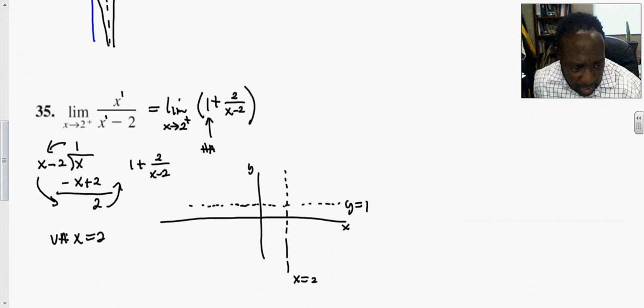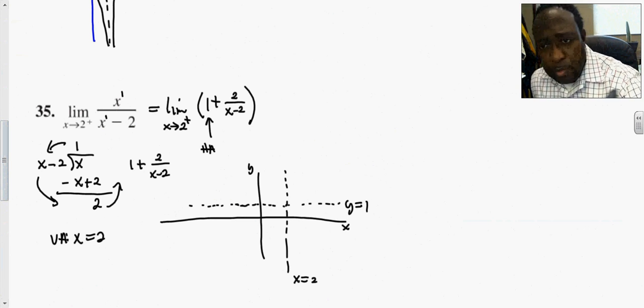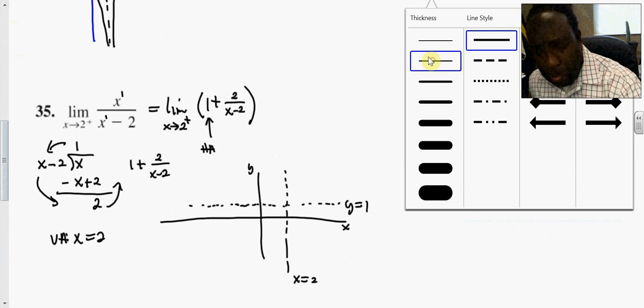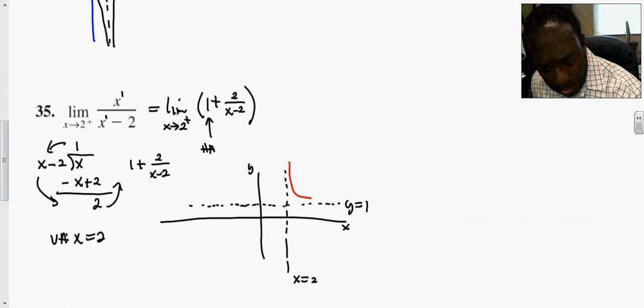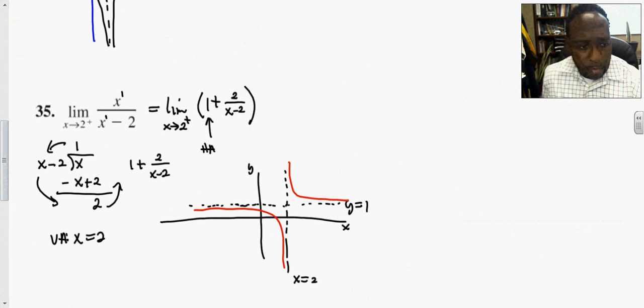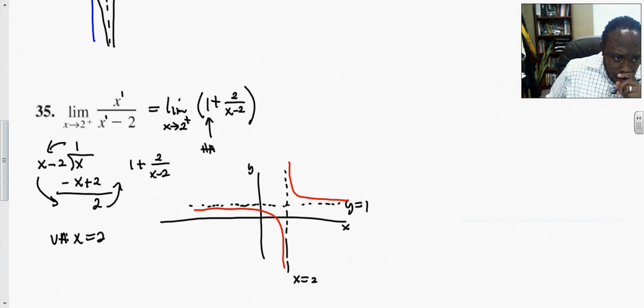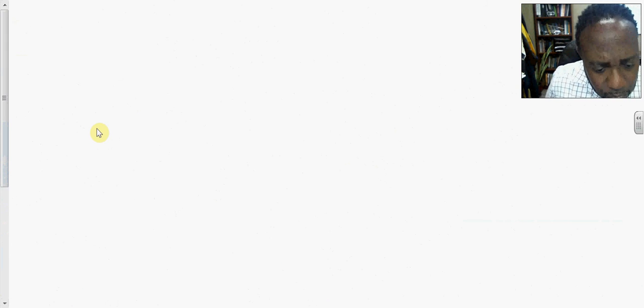What this will do is basically shift the basic graph up 1 and over to the right 2. So now the question is, what happens with this particular graph as x approaches 2?